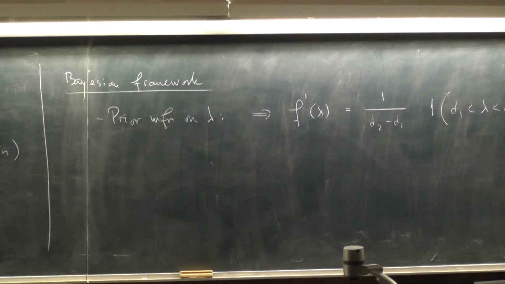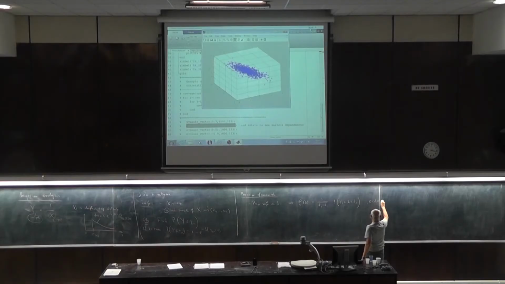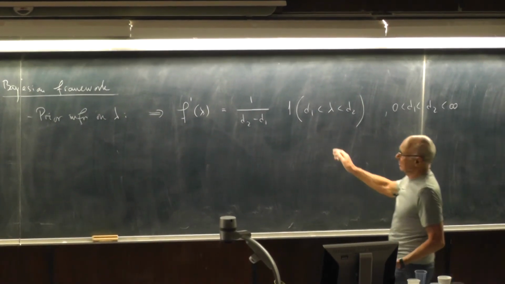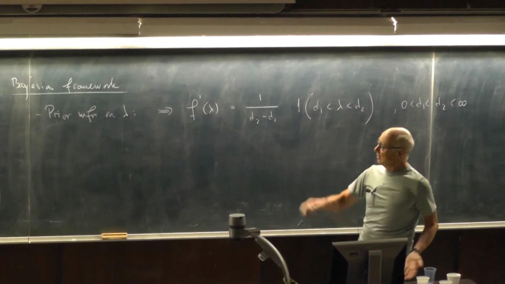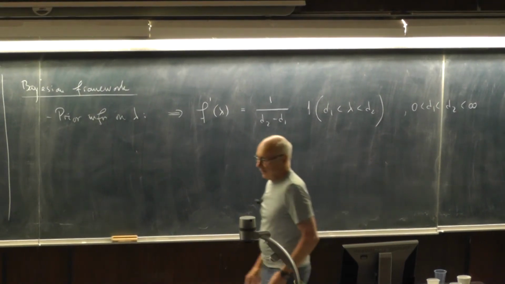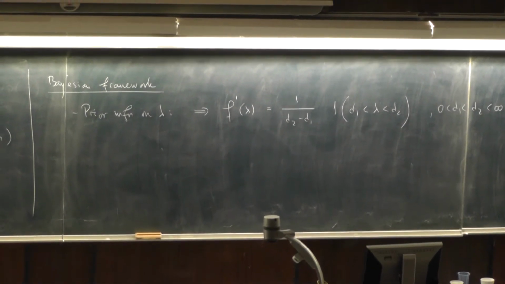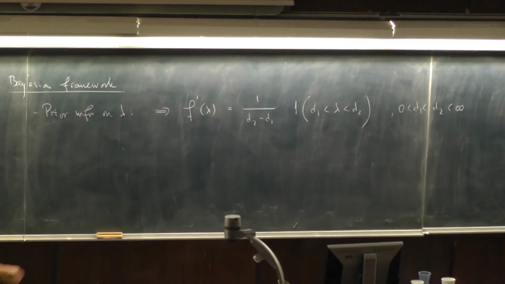I took a certain range, d1, d2, with this condition: that is a bounded interval on the positive line. And of course, to be a distribution, the area has to be 1, so I scale it this way. Okay. So this is the prior to the experiment, based on physics and/or other people who know better than us.